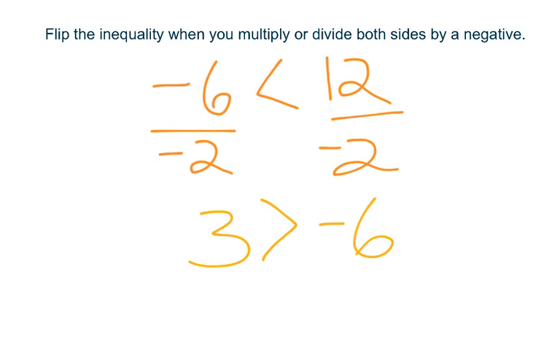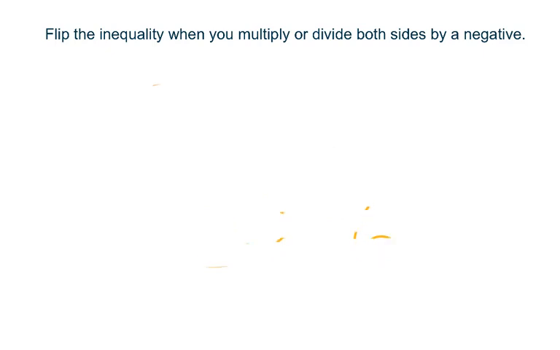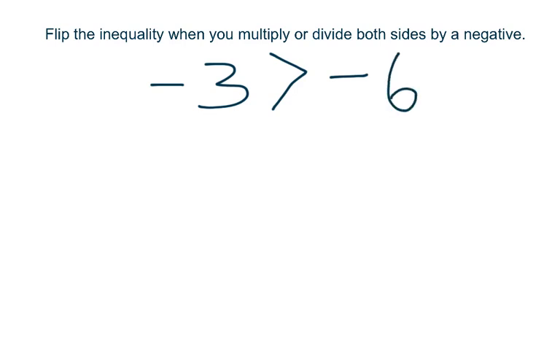It also works with numbers that might both be negative. So I can show it to you with positives and negatives, but let's say you had something like negative 3 is greater than negative, not 5, let's do negative 6.